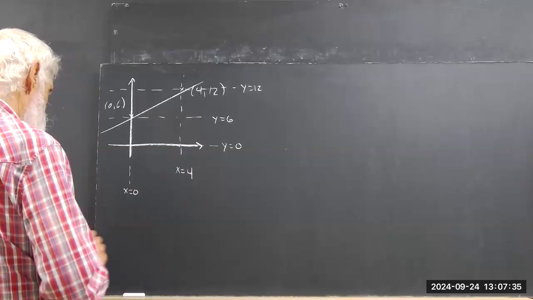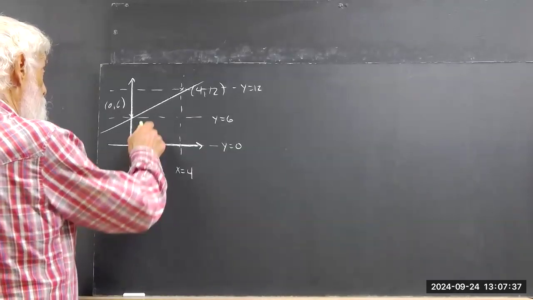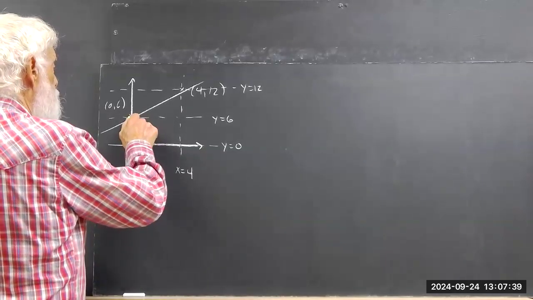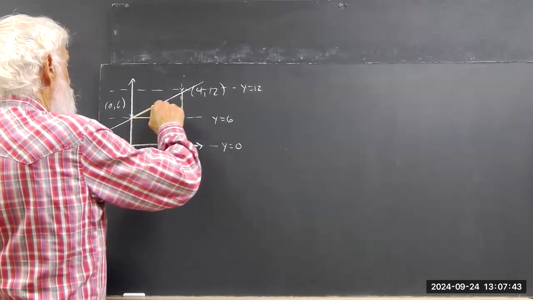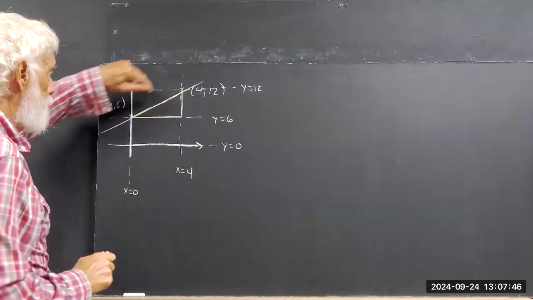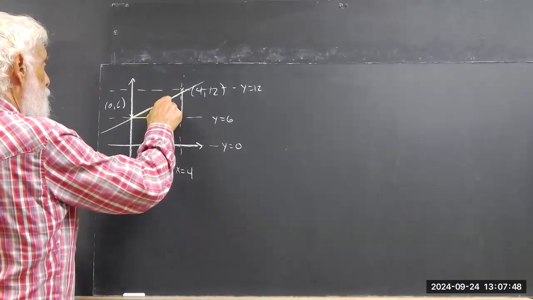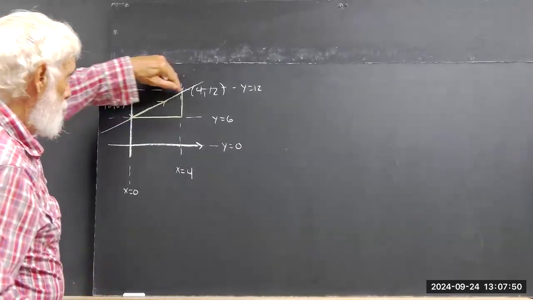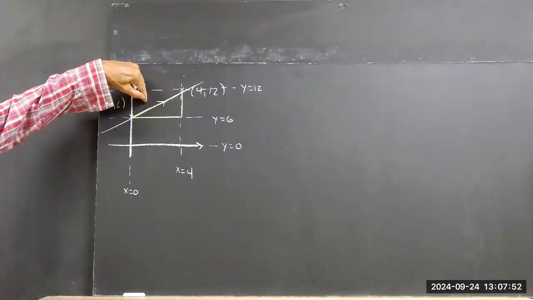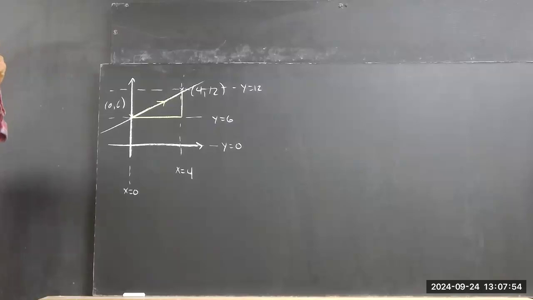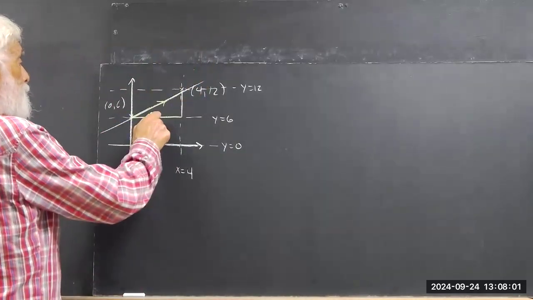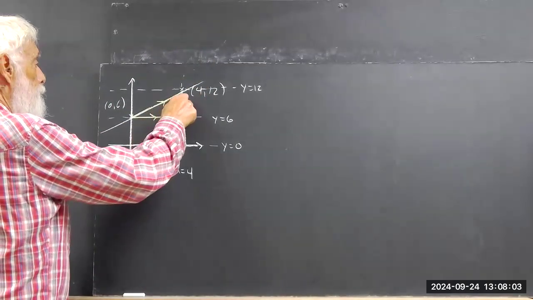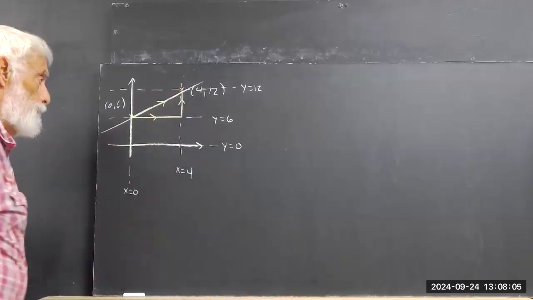Now, this triangle that I'm talking about, I call a fundamental triangle. You go from point to point directly, and that's one side of the triangle, the hypotenuse. And then you follow a path parallel to the x-axis and then parallel to the y-axis, from this point to this point.